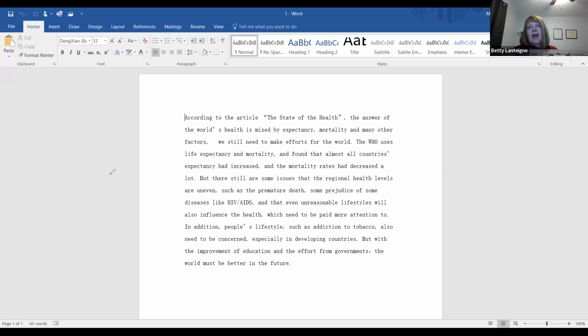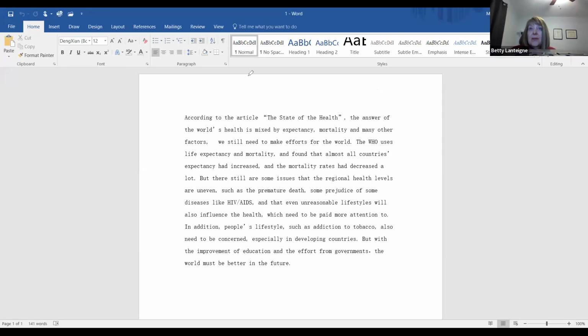I do see some higher level vocabulary. I don't know how much is from the article, but a higher level of vocabulary.